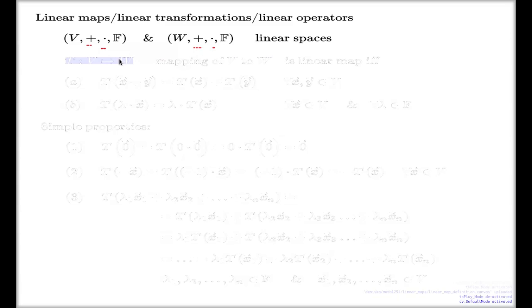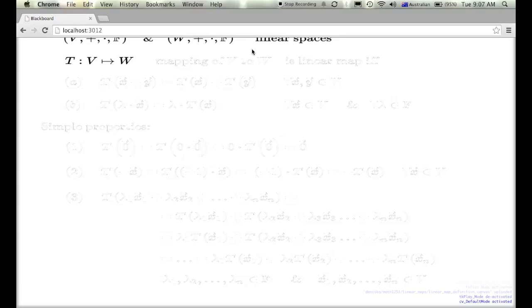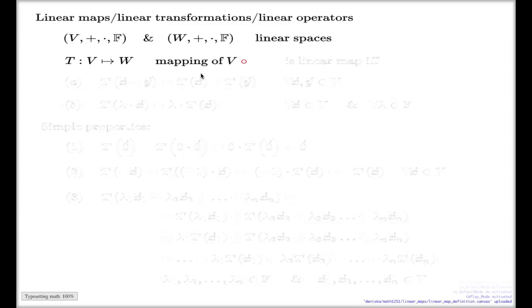Now, if you have a mapping from one linear space to the other linear space, that's the typical notation which we read as a mapping from V to W. This will be called a linear mapping or linear map if and only if two conditions are satisfied.